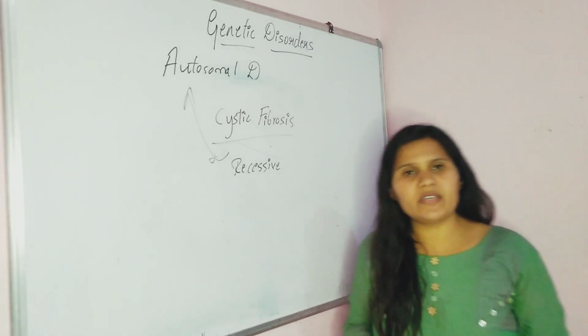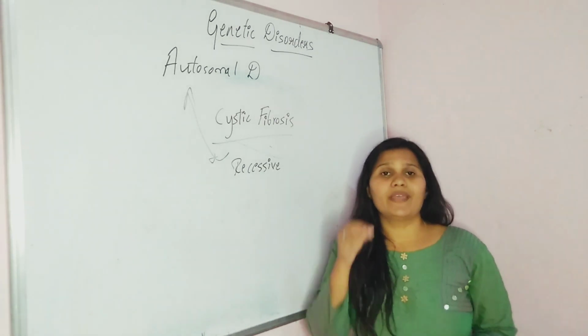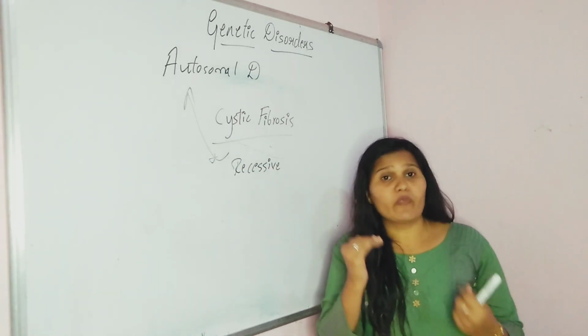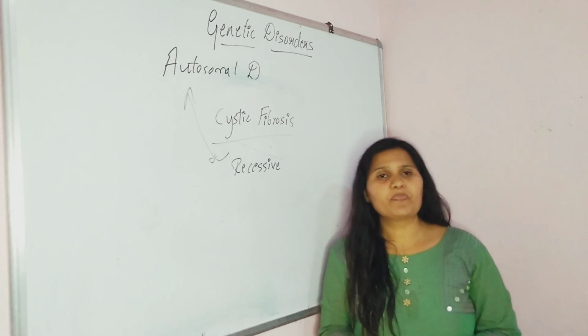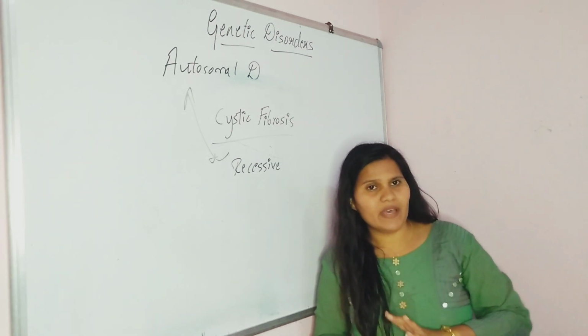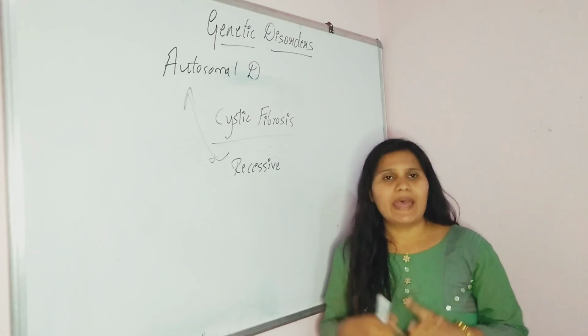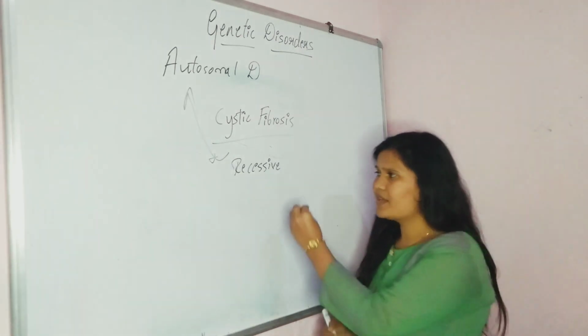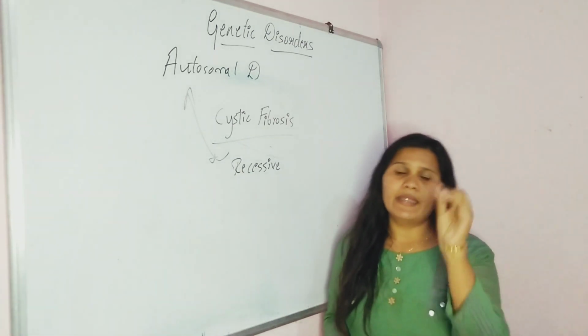So whatever diseases we have studied till now are all recessive disorders, and today what we have studied are autosomal disorders. That is sickle cell anemia, phenylketonuria and thalassemia. So cystic fibrosis is also a recessive and autosomal disorder.